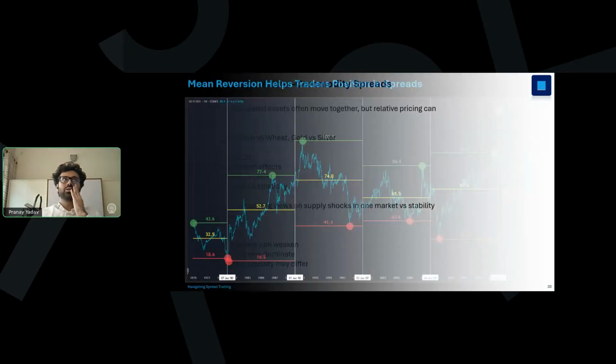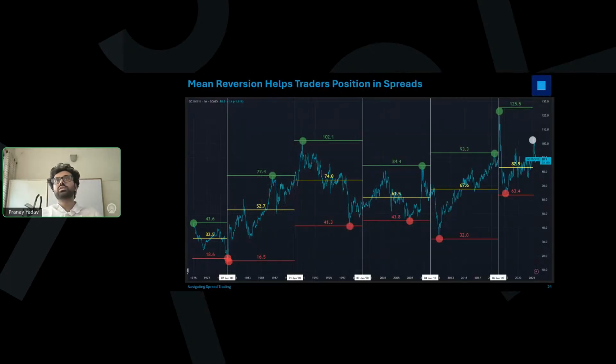With that, I'd like to introduce in a little more detail the concept of mean reversion. Because mean reversion can actually help traders position in cross commodity spreads pretty consistently historically. Here, what I've highlighted is the gold to silver ratio, and I have segmented it on the basis of decades.